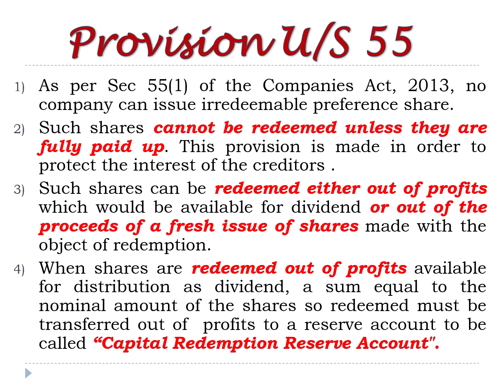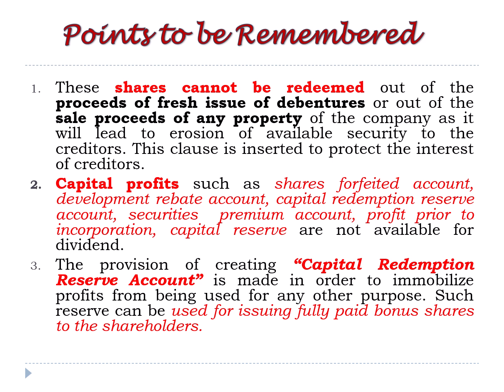I am repeating once again. To stop the capital erosion, the company may capitalize its revenue or free reserve profit balance by creating CRR, that is capital redemption reserve account. If CRR is created, the amount which is available for free distribution of dividend will keep blocking. So that is the logic behind creation of the CRR account.